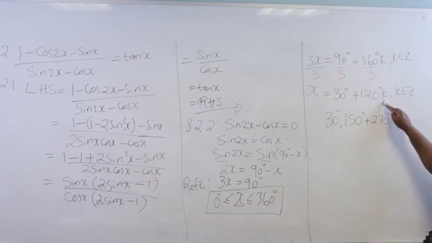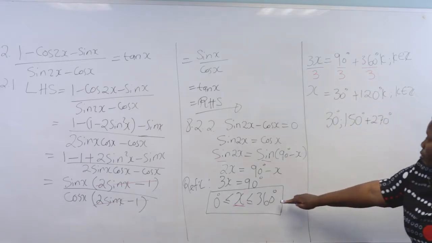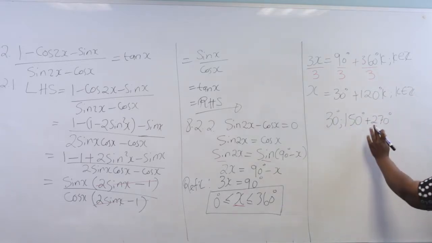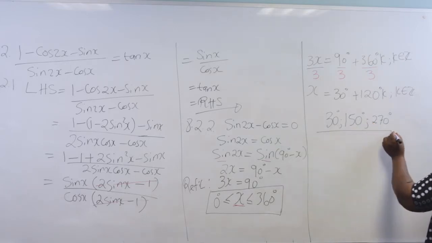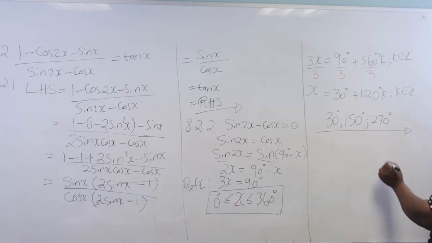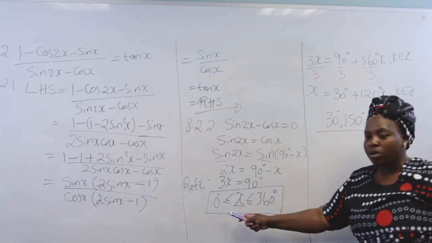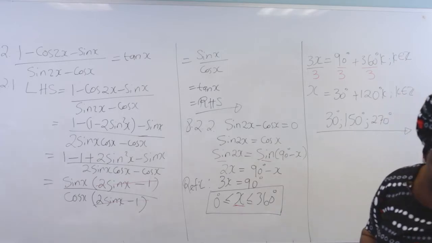If I put 3, I will have 360 plus 30, which is more than the boundary. So now my solutions are 30, 150, 270. For now, those are my solutions, between the two boundaries from 0 to 360 degrees.